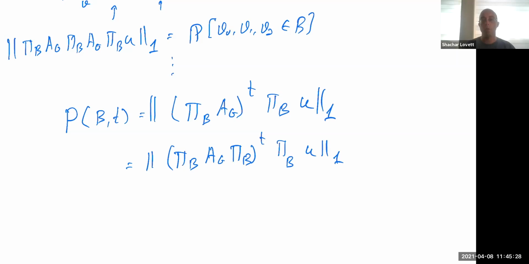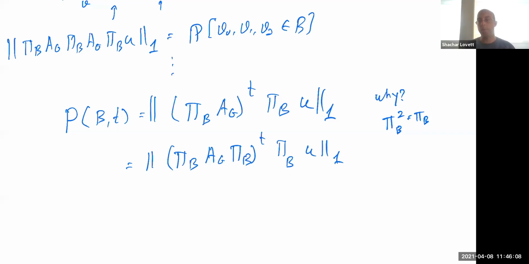Well, the reason is because π_B squared is π_B. Because π_B is the projection operator, just diagonal with ones at some coordinates and zero in other places. If you square it, you get the same thing, just project to B again. So if you expand it out, you always get π_B A_G π_B A_G π_B A_G and so on, and then sometimes you get two π_B's and not a single one, but they're the same, since π_B squared is π_B.